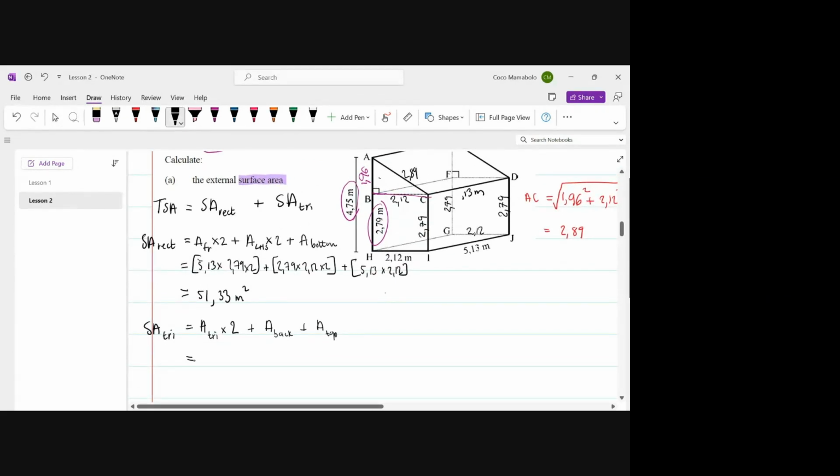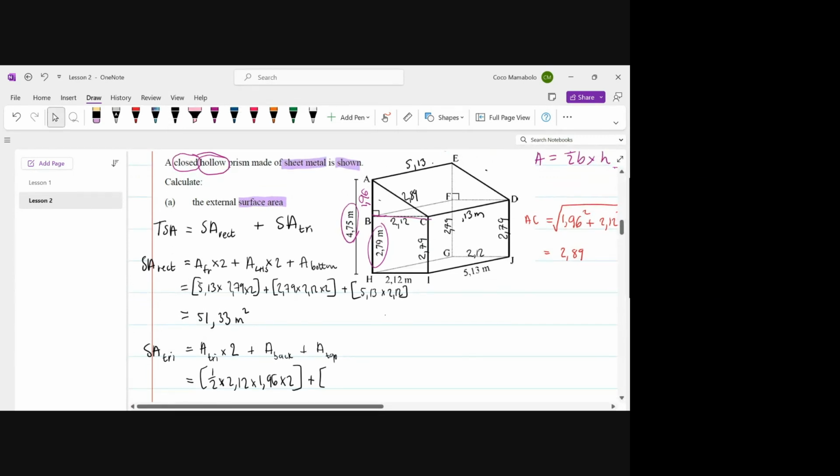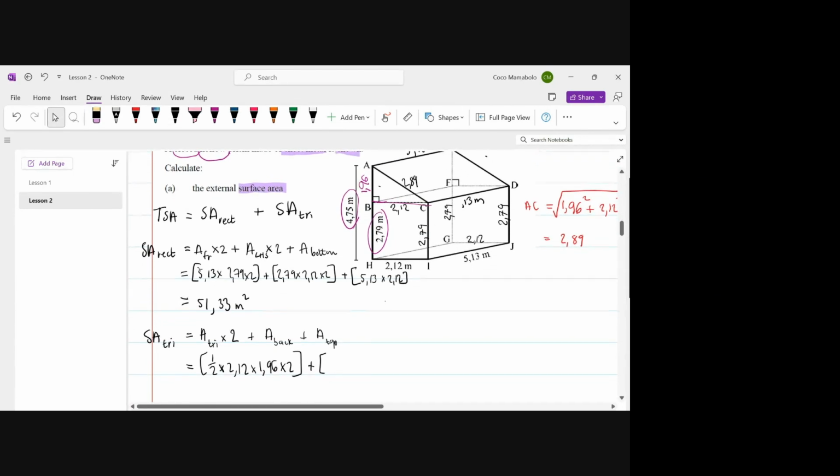Okay, let's put all of those numbers together. So surface area is going to equal my triangles, which is half of my base, so half of 2,12 times 1,96 times 2, plus the area of the back. I know that the length of the back is 5,13 and the breadth is 1,96.